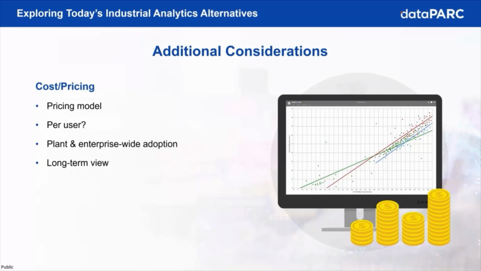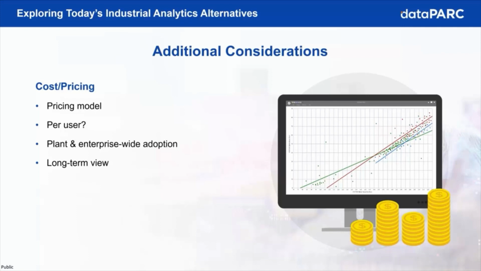And I think what's most important to look at is the pricing model, especially for vendors that have a per user pricing model. Because if you look at all the different layers of the organization, and if the goal is to make every operator your best operator, make every engineer your best process engineer, and have one application that can solve the needs of everybody, so you have one version of the truth, it can be a lot of people.